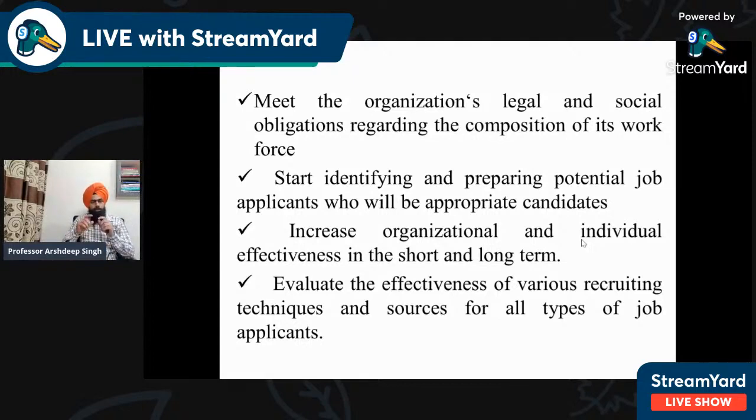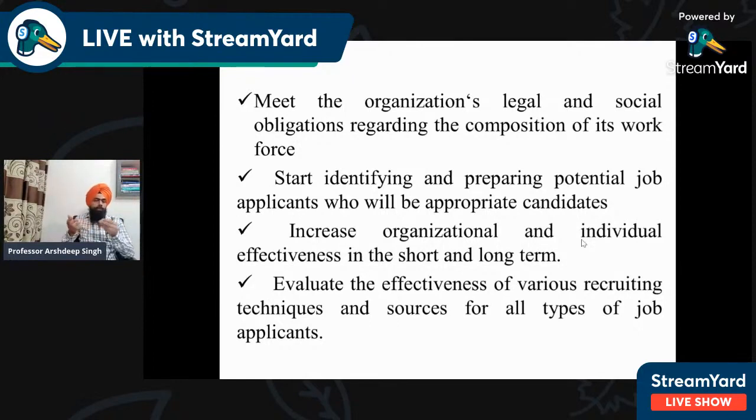Next is to meet the organization's legal and social obligations regarding the composition of its workforce. If we are performing the recruitment process, it covers the legal and social obligations, because we explain the job description. None of the employees can say that they were not recruited for doing these kinds of things, or were not expecting this type of work.